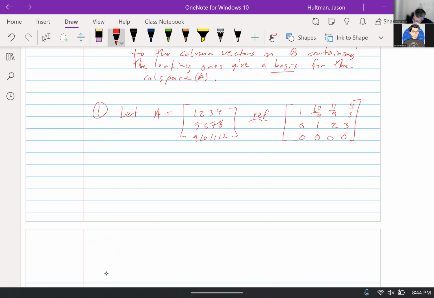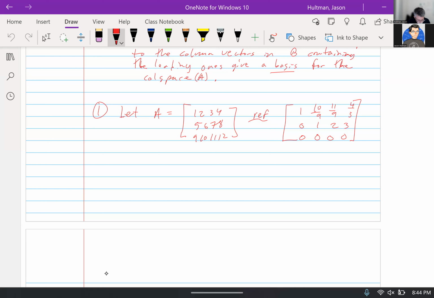Okay, so what is the row space of A? The row space of A is the span of row vectors of A. If we row echelon this, the row vectors in B containing the leading ones give a basis.